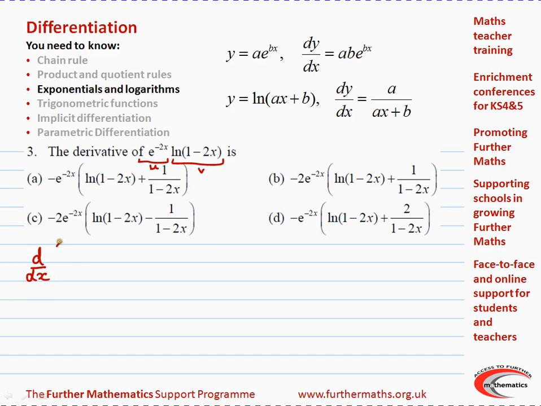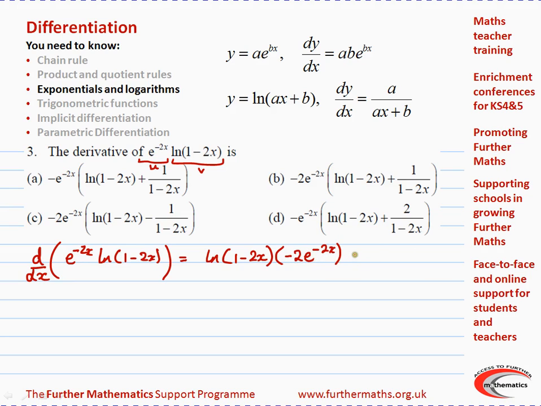I'm going to say then that d by dx of my function e to the minus 2x log 1 minus 2x with respect to x is going to be, right, so v is log 1 minus 2x. du dx, I'm now going to differentiate my e to the minus 2x, and using my chain rule that gives me minus 2e to the minus 2x.